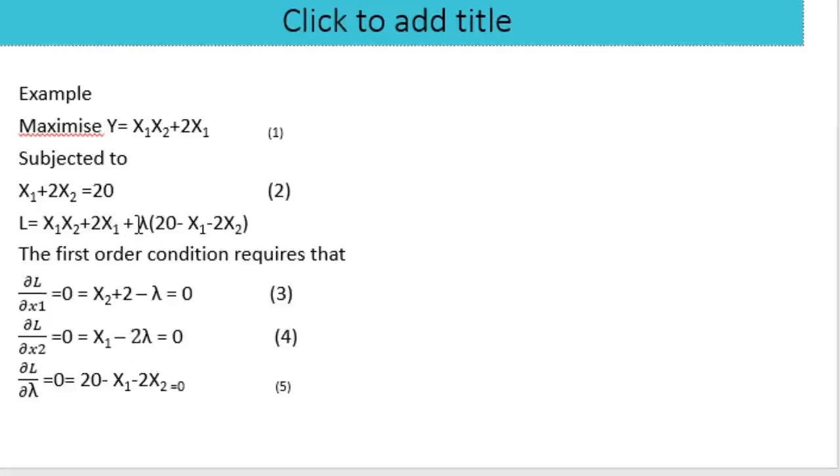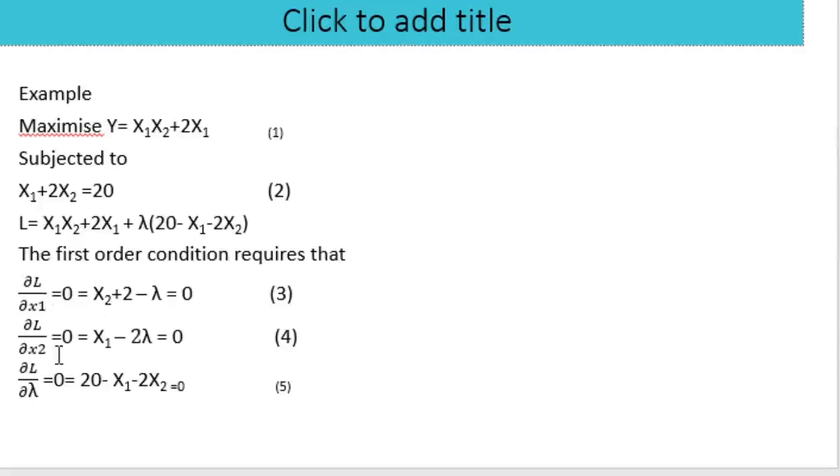Then minus lambda: we multiply lambda with 20, x1 and 2x2, which gives 20 lambda, for which there is no x1 so it is 0; lambda x1 has differential lambda; and minus 2 lambda x2 has no x1, so it is 0. Therefore the differential of this equation with respect to x1 is x2 plus 2 minus lambda equal to 0. Let it be the first equation.